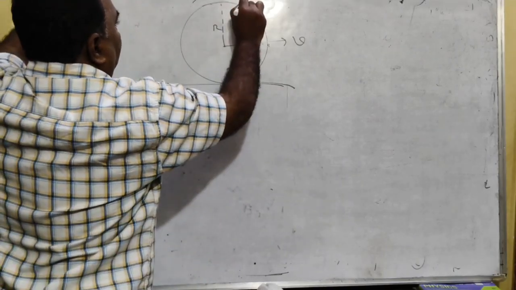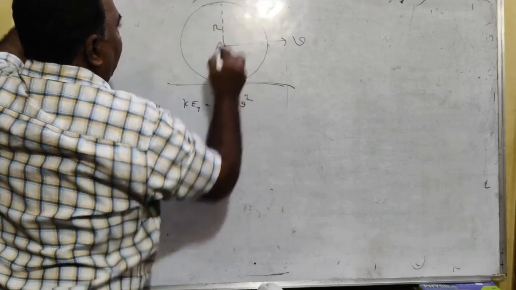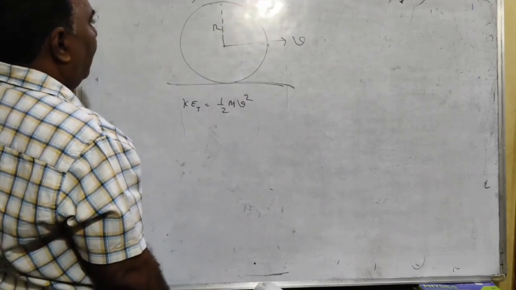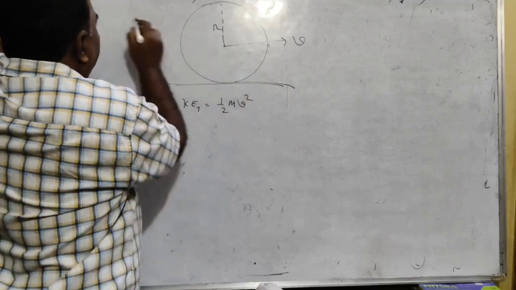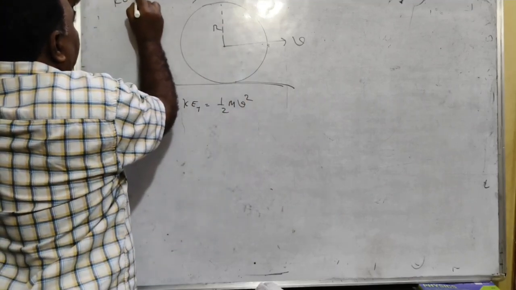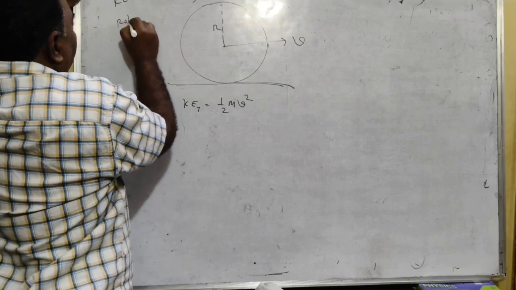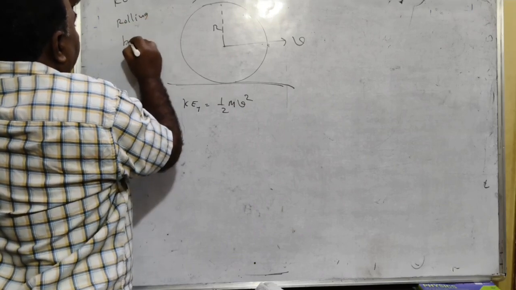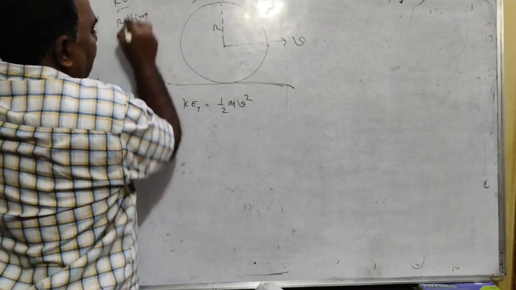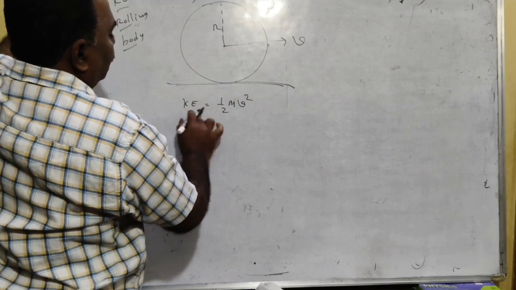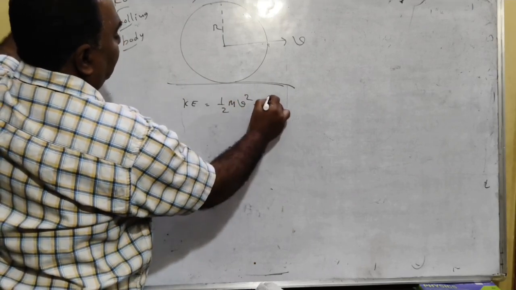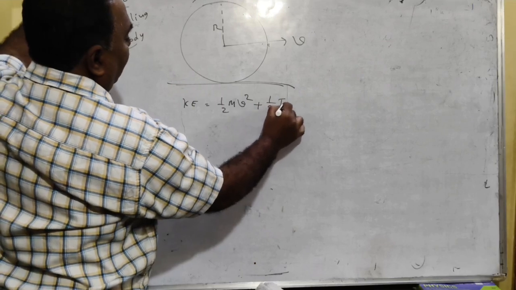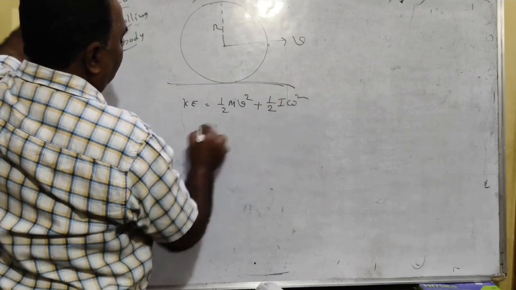As this body is rotating with angular velocity omega, in addition to translation, that is, when the body is rolling, we have the kinetic energy of a rolling body. Total kinetic energy is equal to translatory kinetic energy plus rotational kinetic energy. What is rotational kinetic energy? Half I omega square.